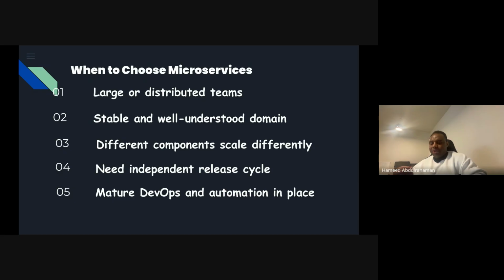You need to have the domain knowledge of that particular service to be able to have a distributed service. So having a domain understanding of the particular domain the service is in is key in this architectural pattern.